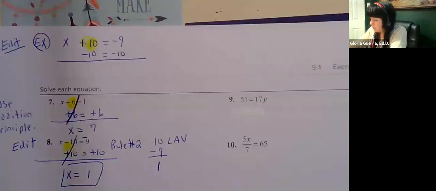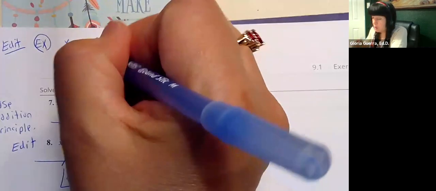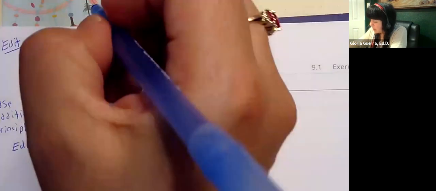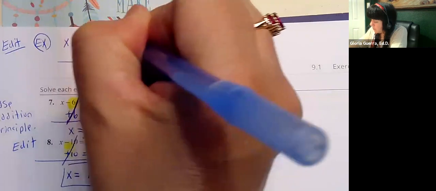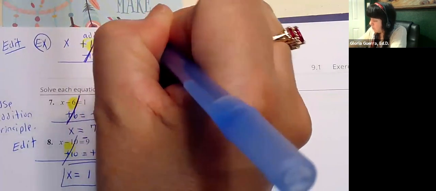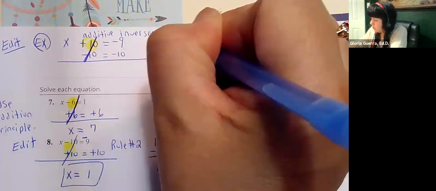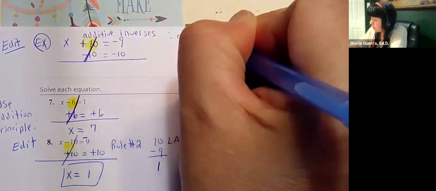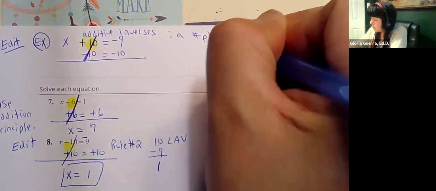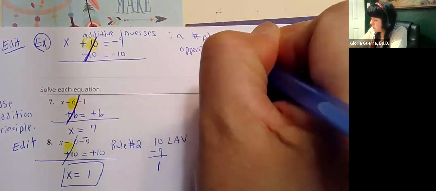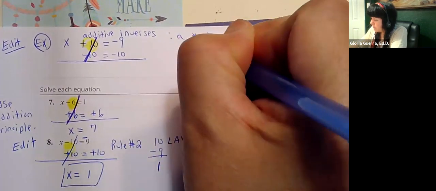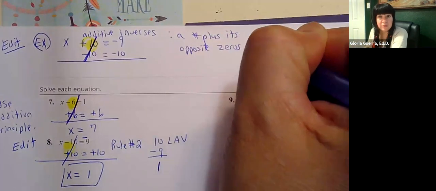And then these fall out because they're additive inverses. Remember, a number plus its opposite zeros out. A number plus its opposite zeros out.